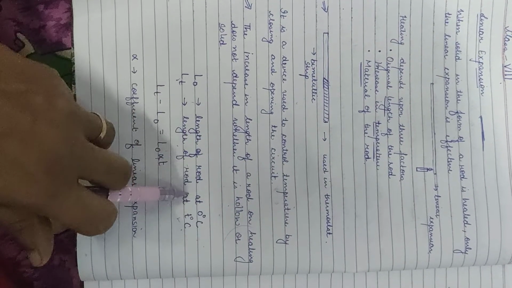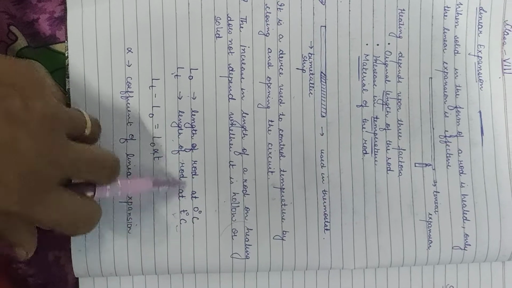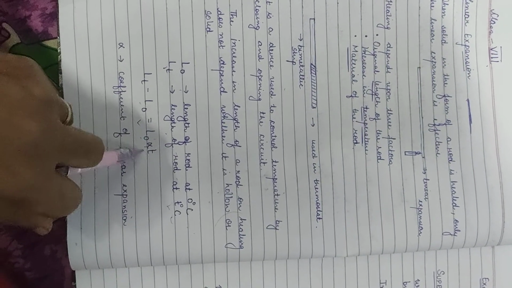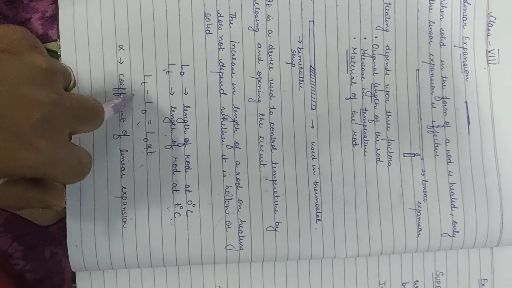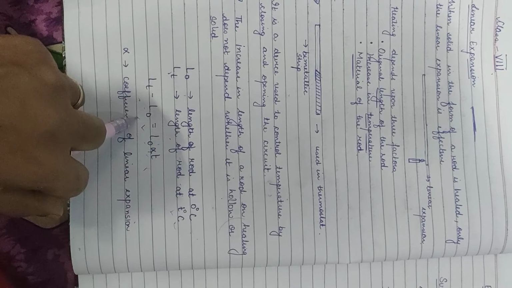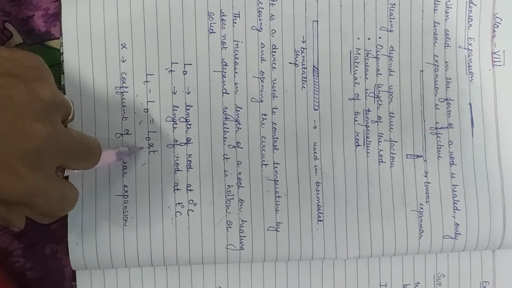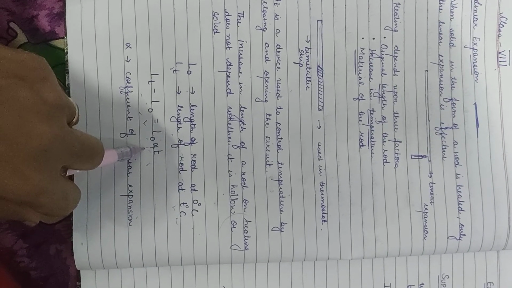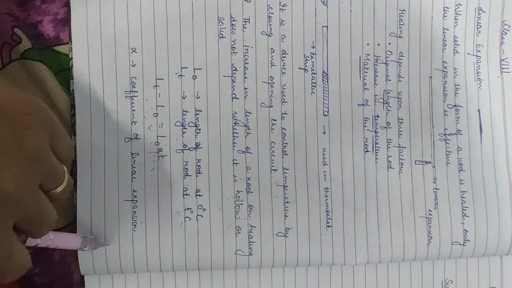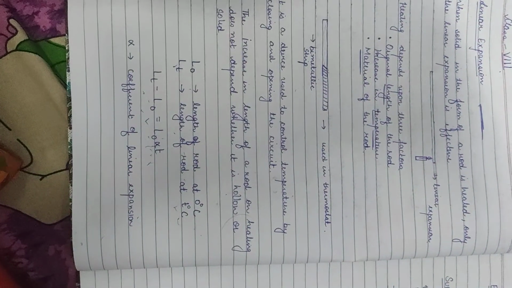L0 is the length of the rod at 0 degree Celsius. So LT minus L0 is equal to L0 alpha T. LT, length of the rod at T degree, L0 length of the rod at 0 degree. Alpha is the coefficient of linear expansion. And T is the temperature at which you are changing. This is the way to represent it.